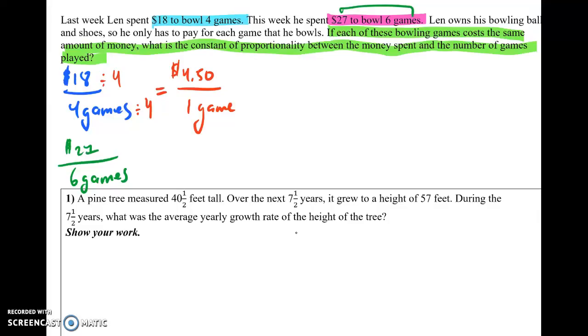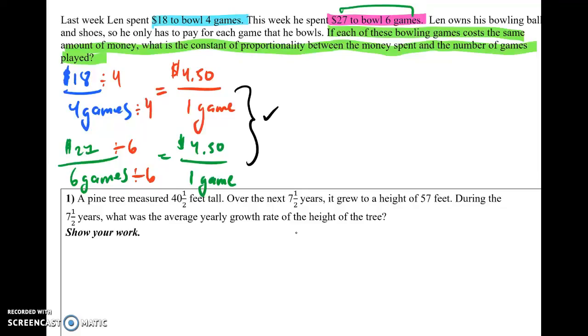So I have 27 over 6. I find the unit rate, and we get $4.50 for 1 game. So these 2 numbers match, and therefore we can say that our constant of proportionality is 4.5.